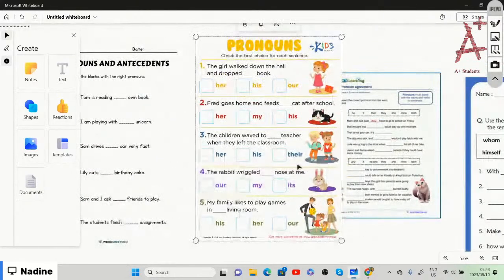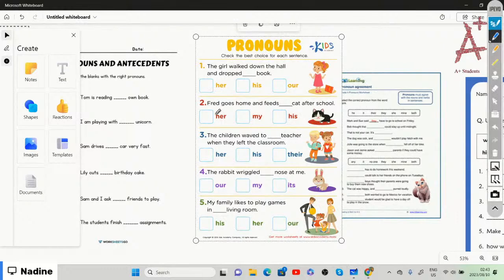Now we are going to check the best choice for each of the sentences. The girl walked down the hall and dropped. Do we say her book, his book, or our book? The girl walked down the hall and we can say she dropped her book.